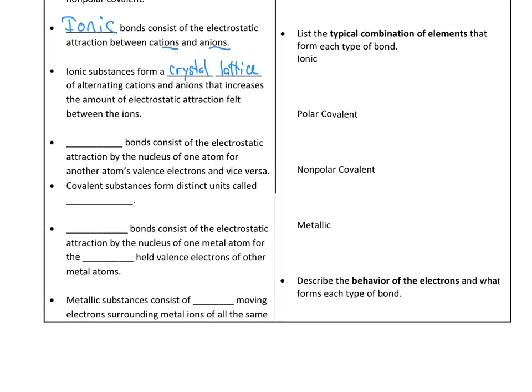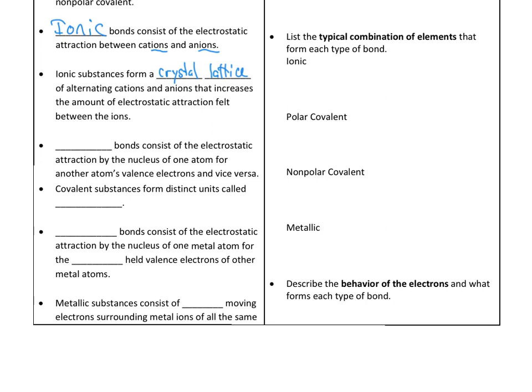So further on down on this side, which type of bonds consist of the attraction of a nucleus of one atom for another atom's valence electrons? Well, that description right there, that's a covalent, because that is sharing.